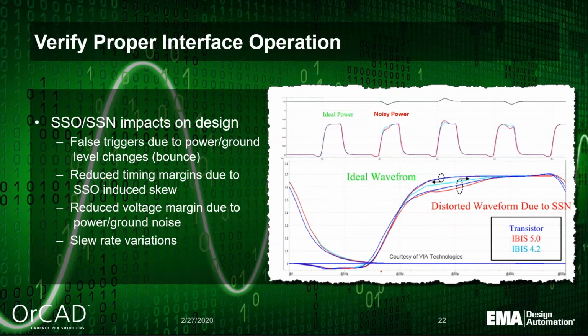You can kind of see in this image here, when you have noisy power, you sometimes get inconsistent wave transitions on your data line. So you want to make sure that your simultaneous switching noise has been either lowered to where it's almost non-existent, or at least well compensated for in your power delivery network design. So that's one of the things that needs to be looked at in your DDR4 interface. You need to be power aware there.